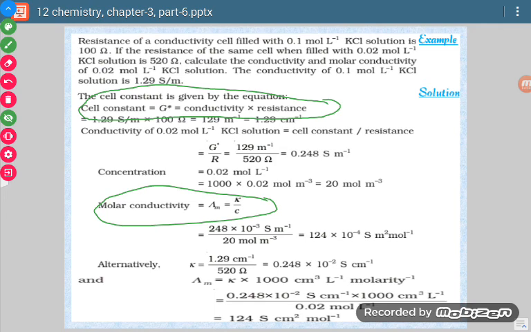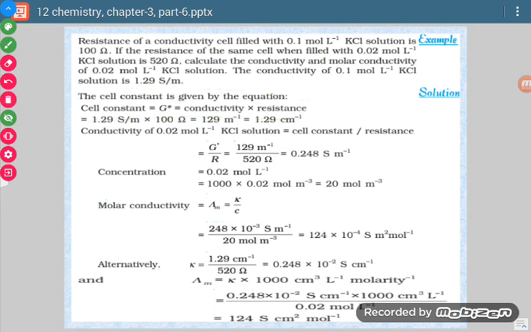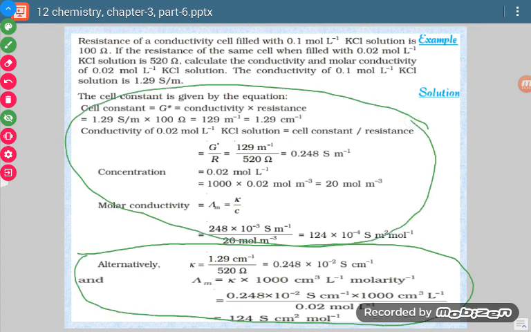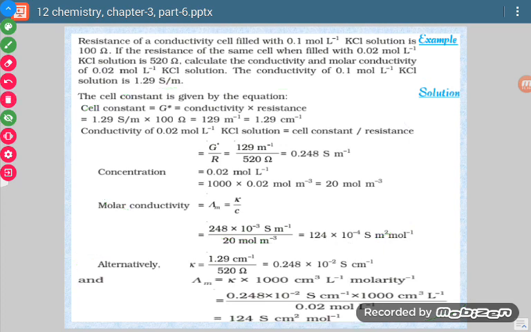Cell constant is l over A, conductivity is kappa, resistance is R. In this question there are two ways in which we can solve this, and we can use any one of the two.